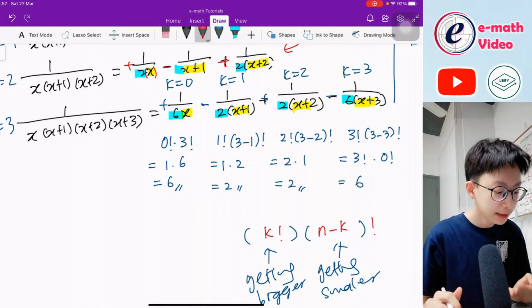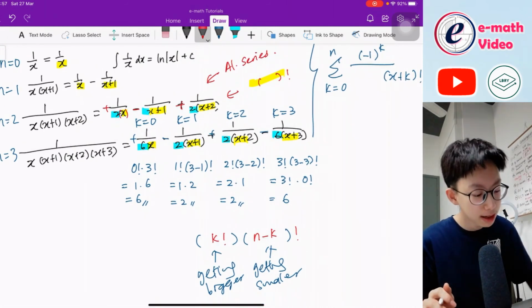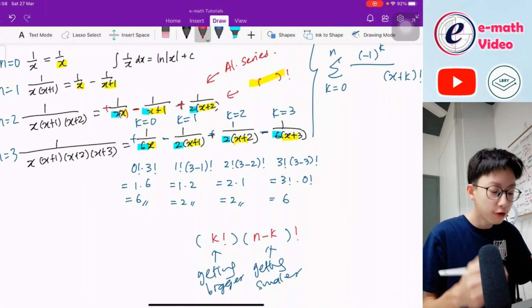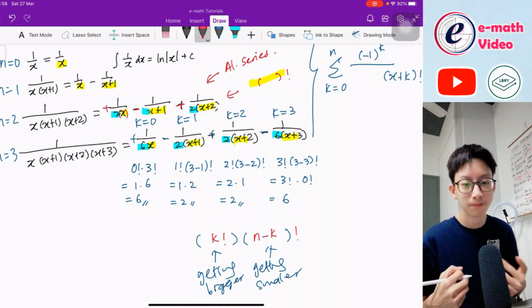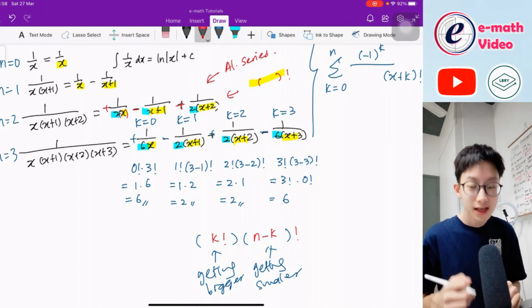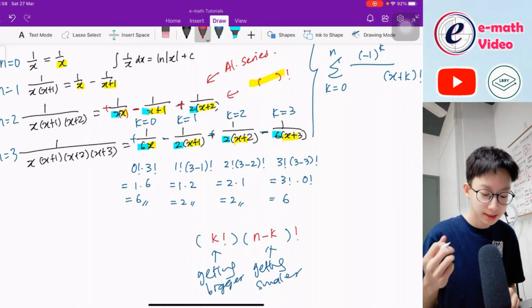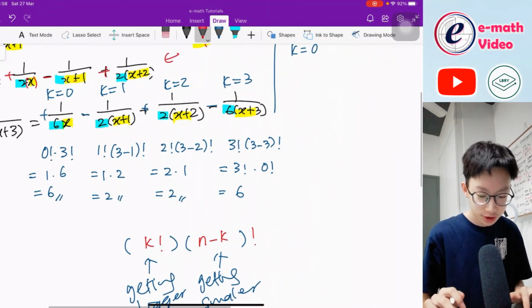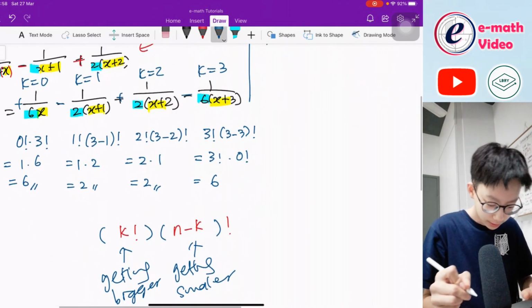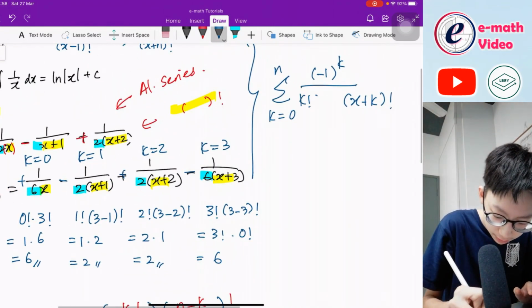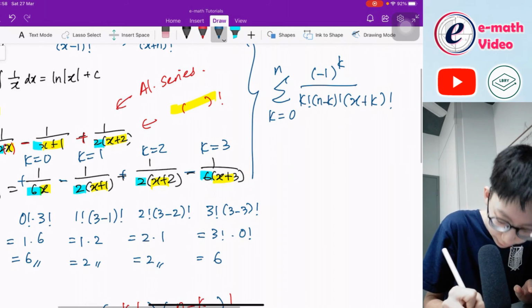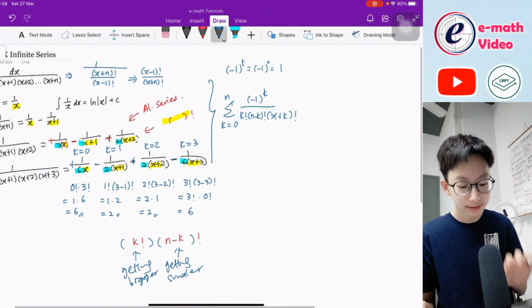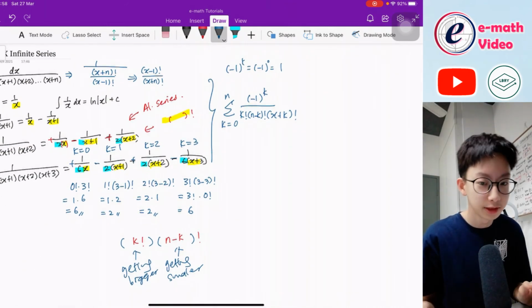And if you go ahead and check for n equals 2, n equals 1, n equals 0, or even n equals 4, 5, 6, 7, 8, 9, 10, if you have the time to open it up, you should be able to get the same pattern as well. So this will just be k factorial n minus k factorial. Very nice. And this is our integrand.